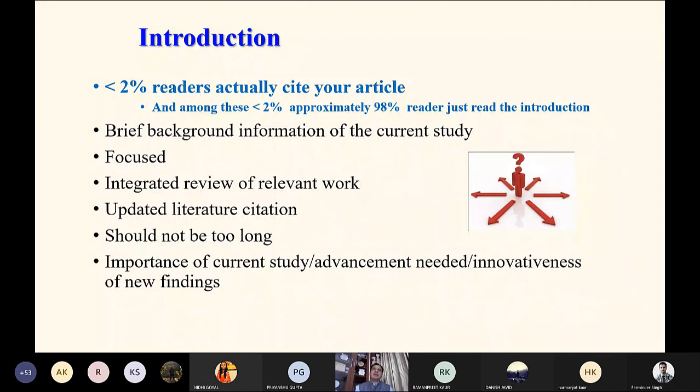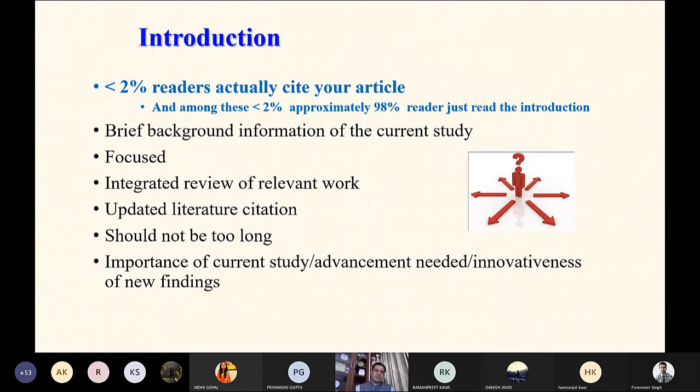Again, normally when we develop the research paper, we keep on writing the introduction section without bothering about what exactly we are going to include. My dear friends, we have to be very careful when we write the introduction part. It is not an unimportant part of the research paper.